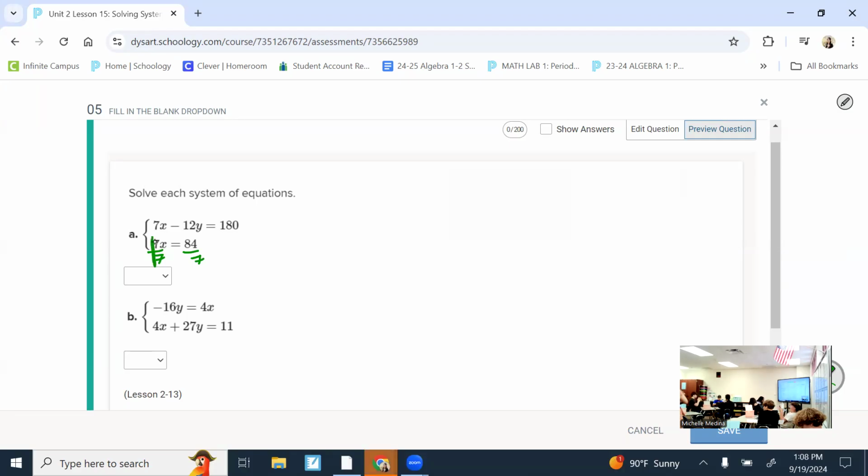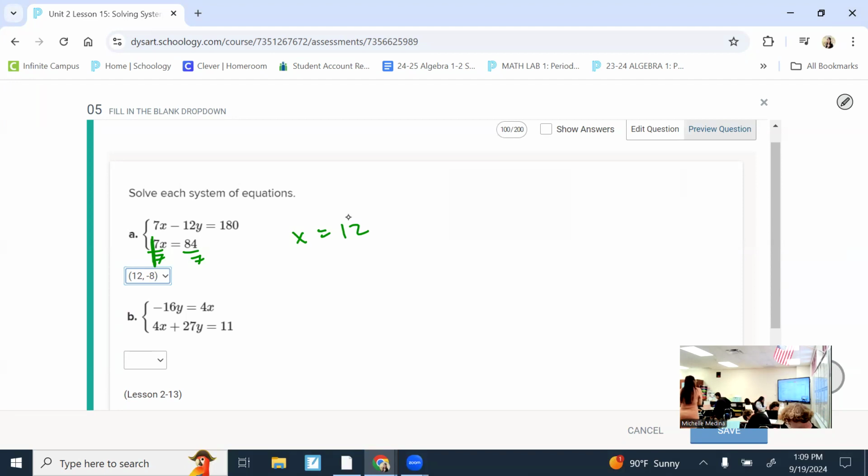And 84 divided by 7 is 12. So I know for this top one, the x is 12. Let's see if that narrows it down. And it does. But ordinarily, I plug it back in and solve for y.